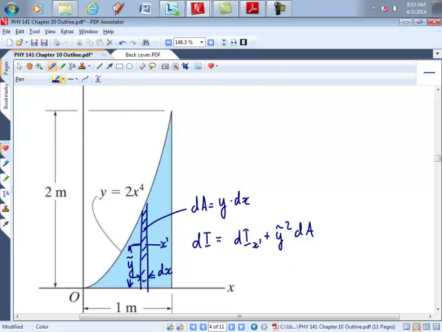Now, fortunately, these values aren't that difficult to find. Y tilde, for example, is always going to be halfway to y, because it's the center of a rectangle. So y over 2 is just going to be x to the 4.